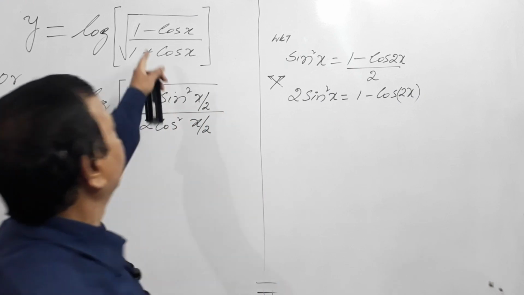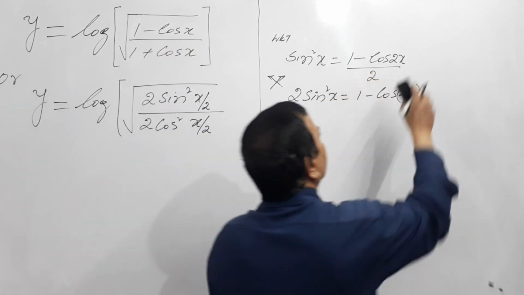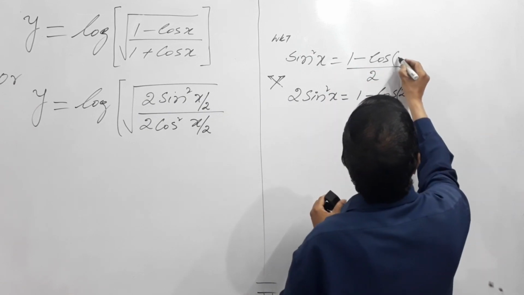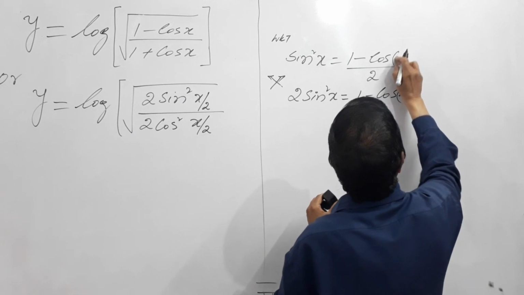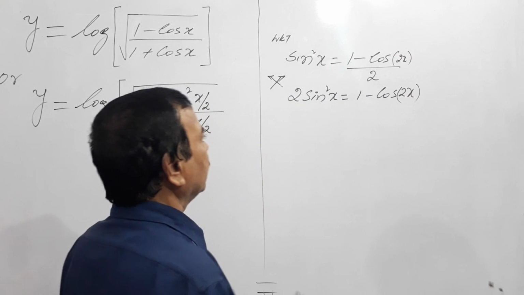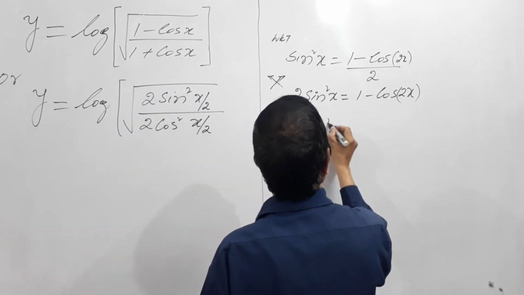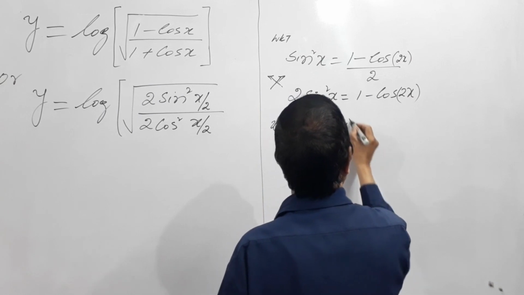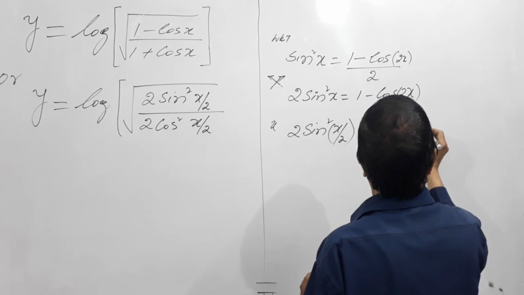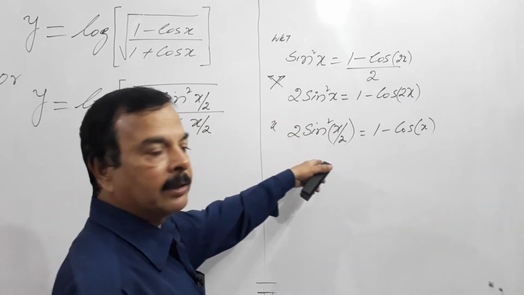But what we want? We want 1 minus cos x. Here it is 1 minus cos 2x. So 2 sin square x by 2 equals to 1 minus cos x. So these are half angles.